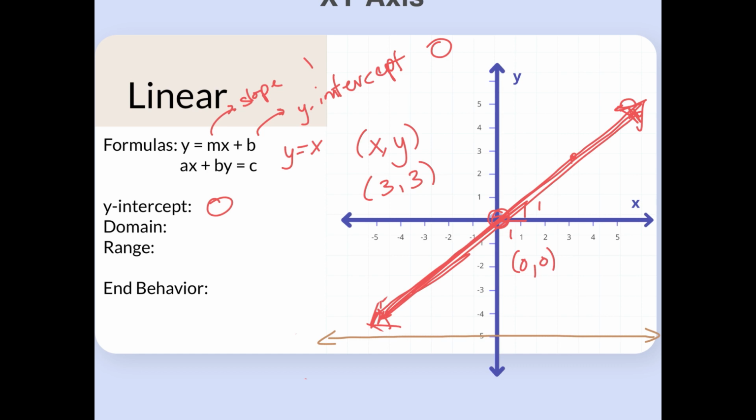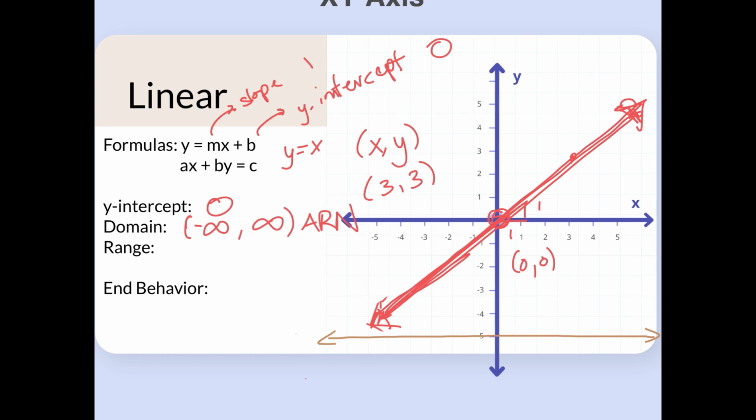For a linear function, it has x values all along the line because it goes forever in both directions when you look at the line horizontally. So we say that the domain goes from negative infinity towards positive infinity. You'll also see that written as all real numbers.